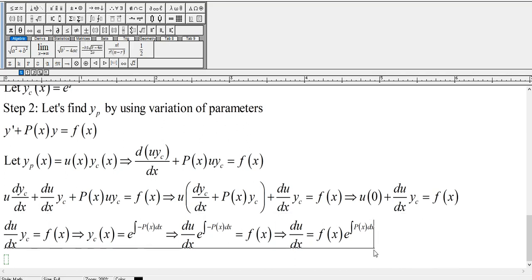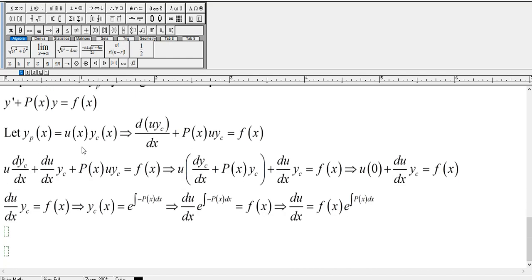So now we can go, I'm going to need that. We can go solve for u. U is just the integral of this, right? So u of x that we were after for my variation of parameters equals the integral of this mess dx, okay?